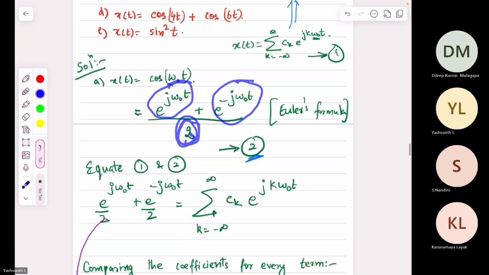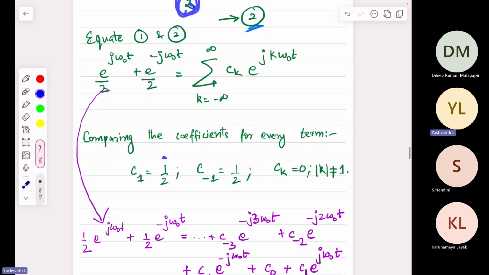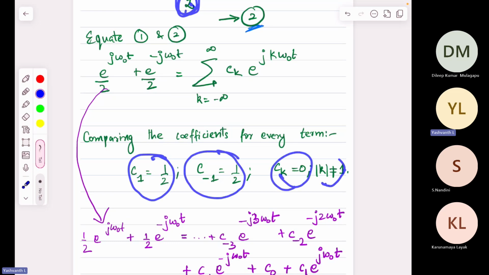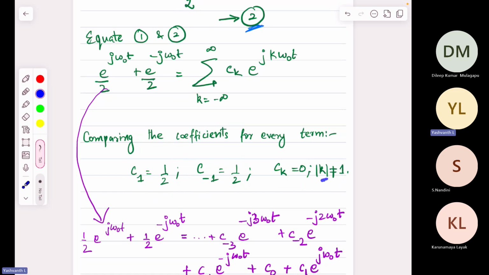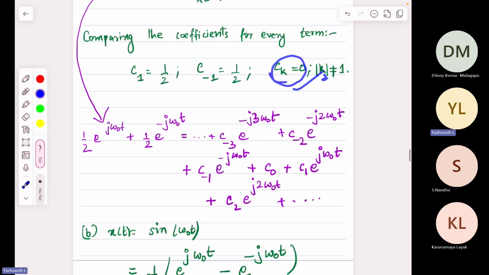Therefore, C1 is equal to half and C minus 1 is equal to half, and for any other k for which mod k is not equal to 1, that is k not equal to 1 or minus 1, your Ck will be equal to 0. I just expanded that here.